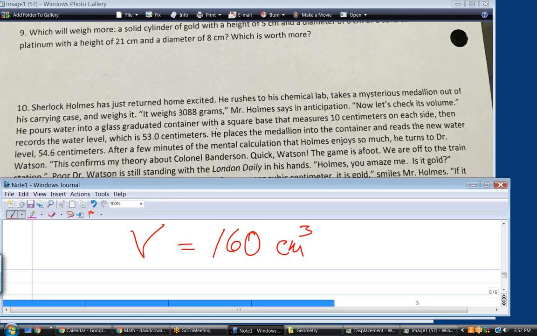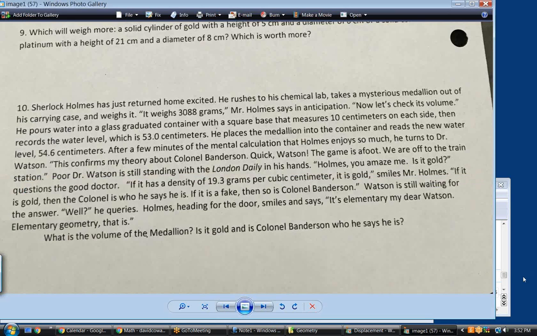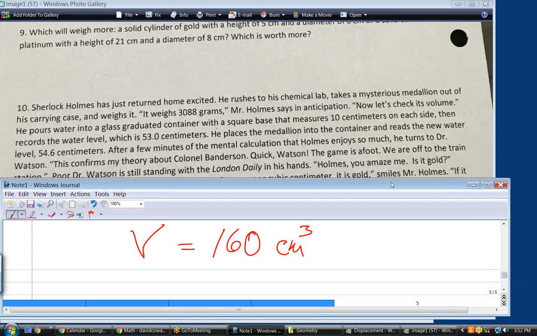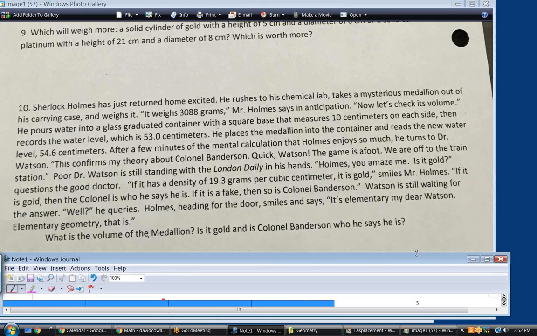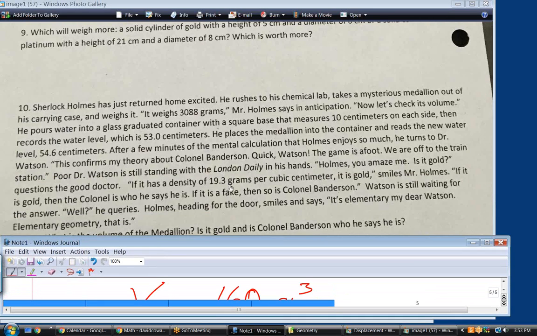Okay. And now, let's see. Gold has a density of 19.3.